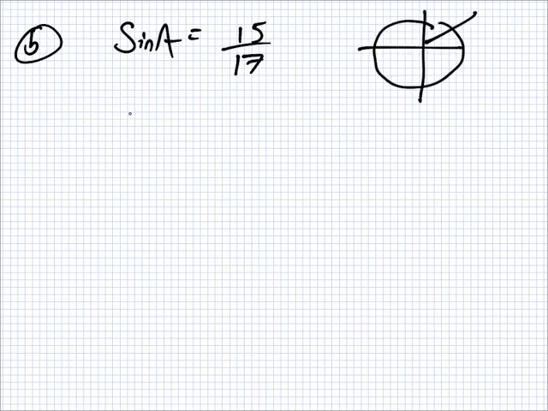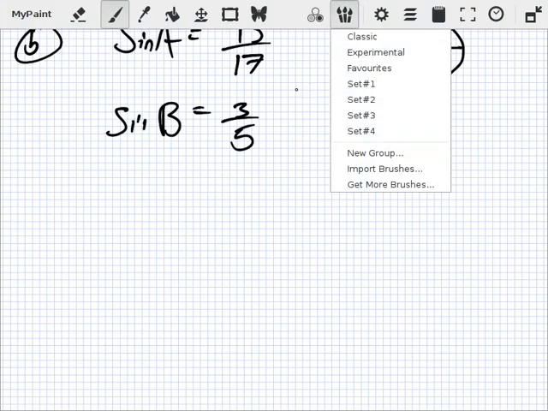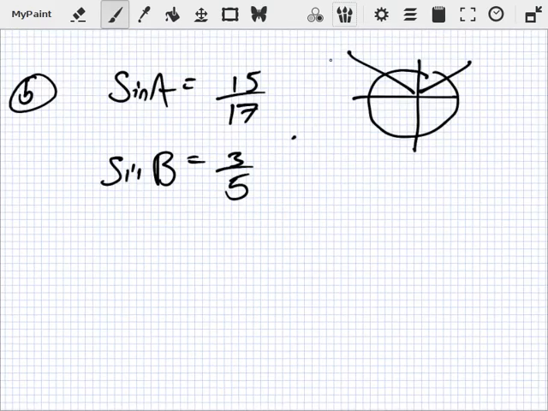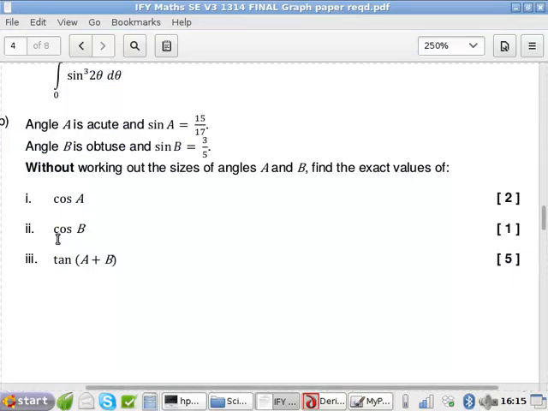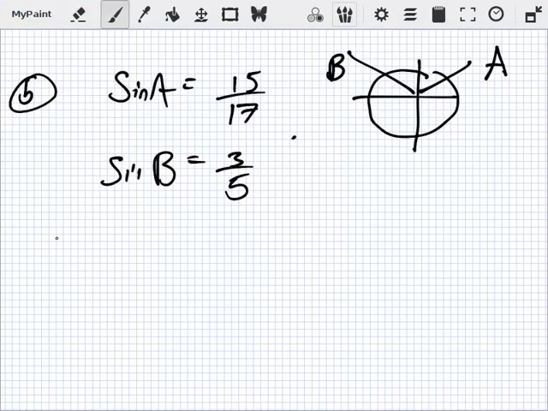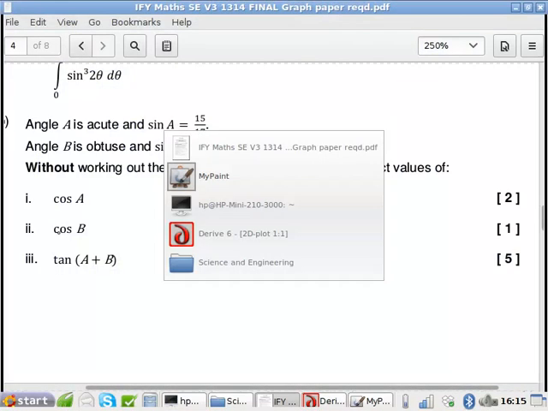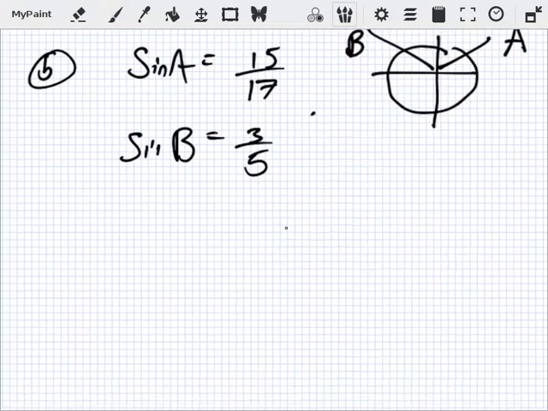And the next one? Sine B is 3 over 5, and it's obtuse, so it must be in the second quadrant. This is where B is and this is where A is. Now it'll be helpful if I draw little triangles here.